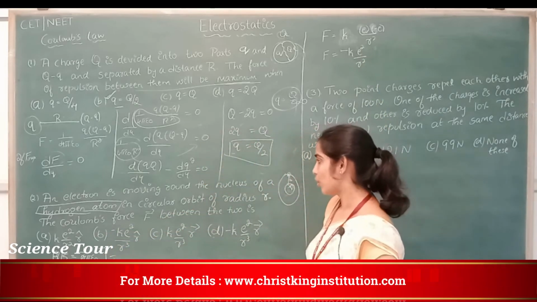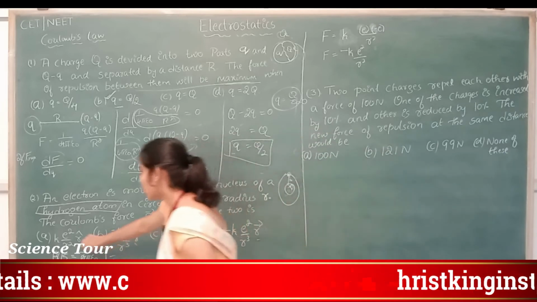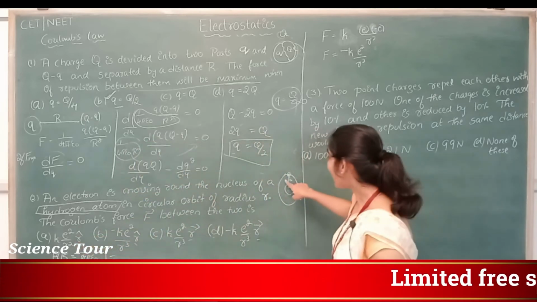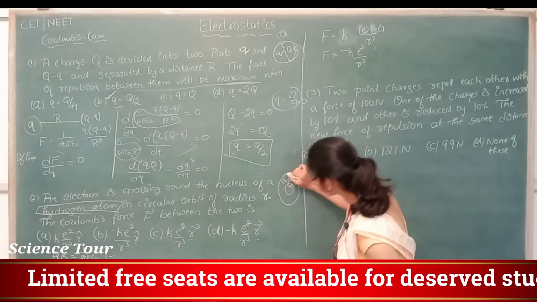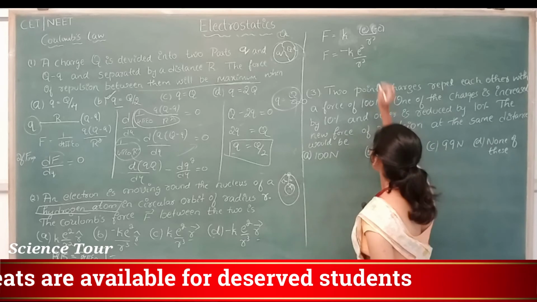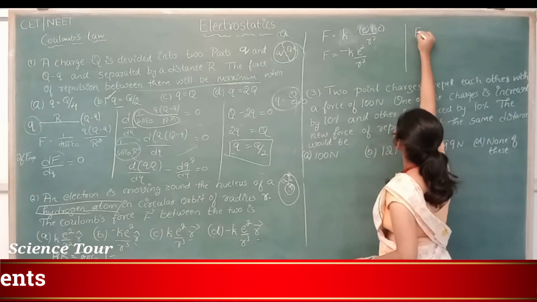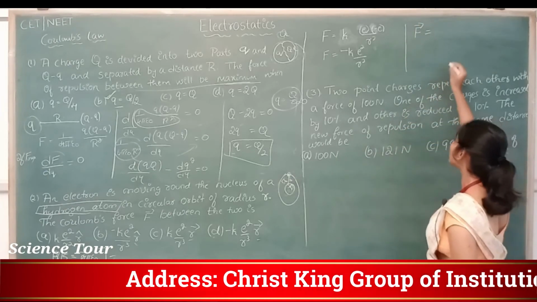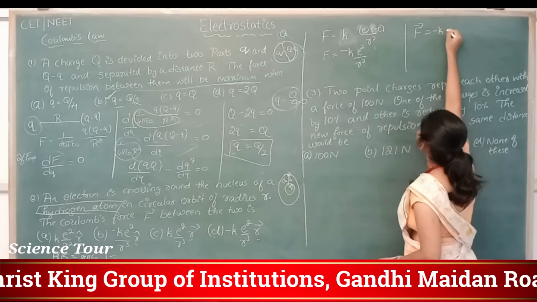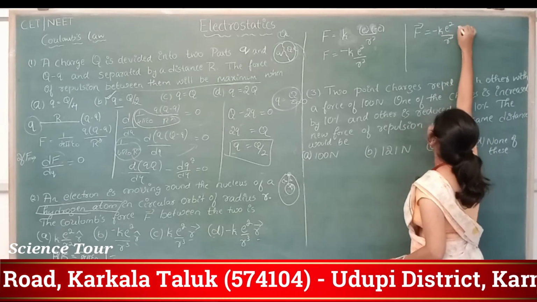No. We also have one more term, that is the vector. Here r is the distance separation. If r cap is the unit vector, I can write the vector form of force as minus k e square divided by r square into r cap.